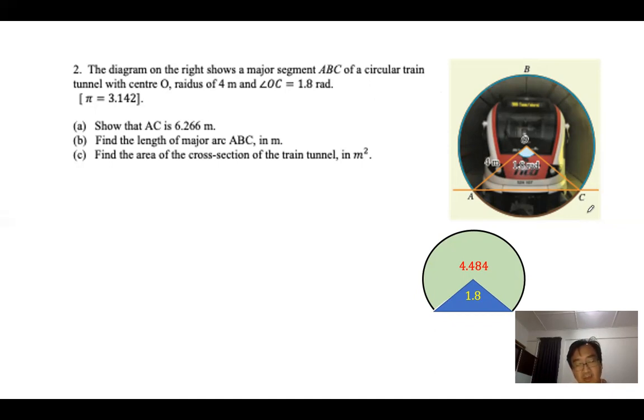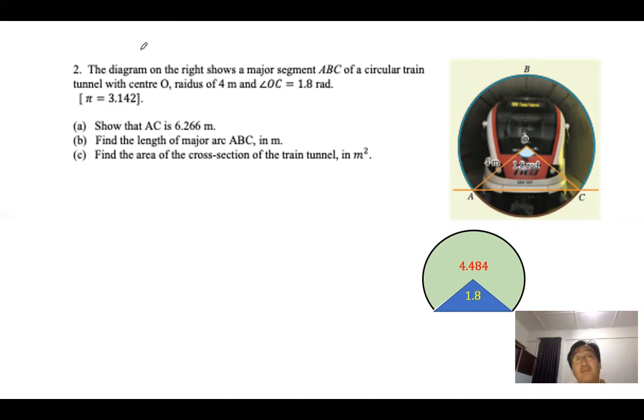What I said is hot question means anything related to daily life question, and also non-routine question. Routine question would be something where everything is given to you in the diagram, then you just find the answer. That is routine. Non-routine is you need to find your own equation or interpretation of the equation yourself, right?